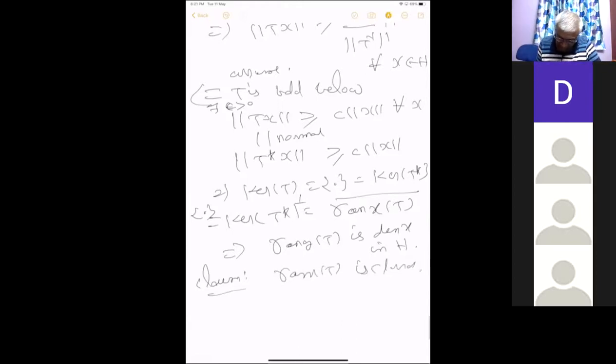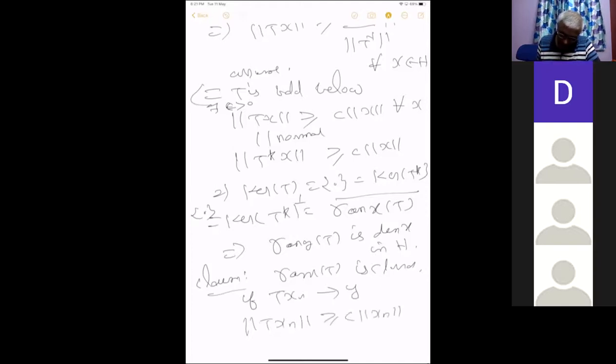If Txn goes to some y, then we have Txn is bounded below. Norm Txn is greater than or equal to C times norm xn.